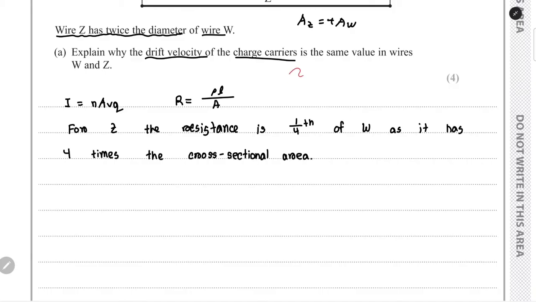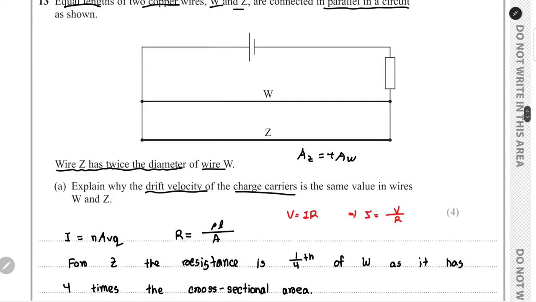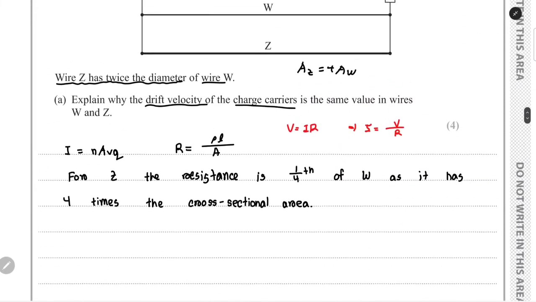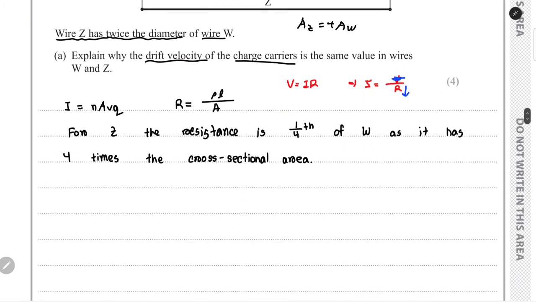We also know that V equals IR, or I equals V by R. The voltage over here is constant, since this is a cell and we don't have to divide the voltage over here. The voltage is the same. However, for Z, the resistance is 1/4, so the current will be 4 times bigger in Z.